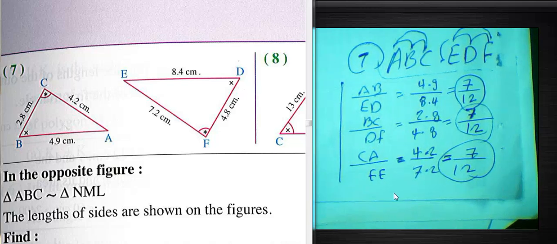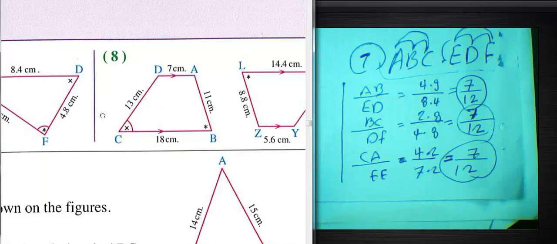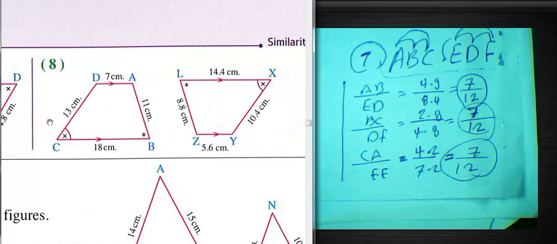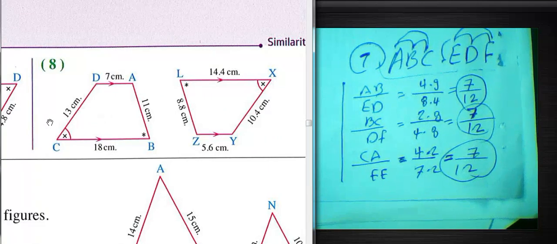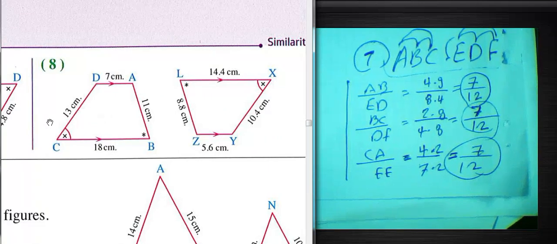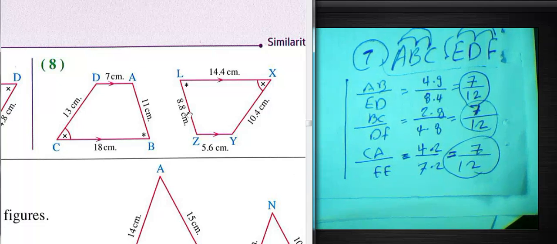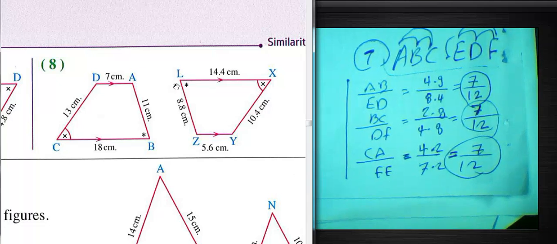Another question. Question number 8. We have two trapeziums. Look with me. We have measure of angle X equal measure of angle C, measure of angle L equal measure of angle B, and measure of angle Y equal measure of angle what?